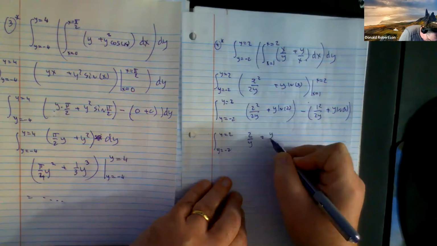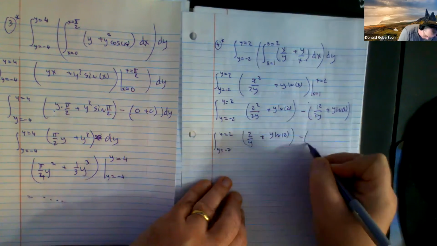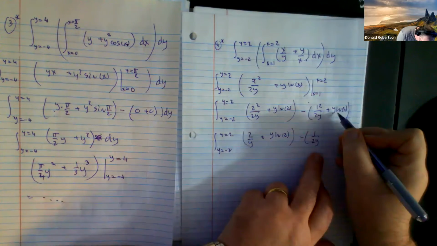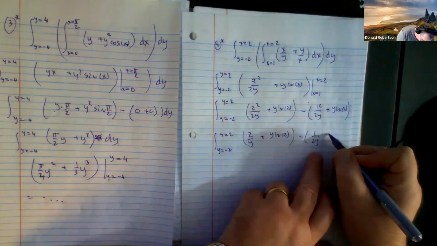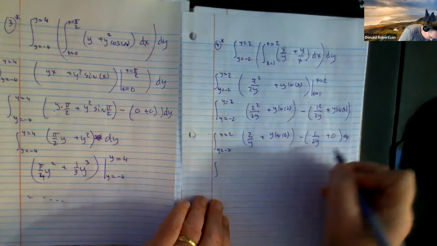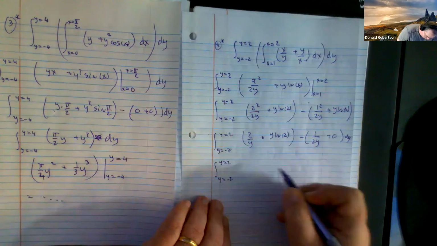Can't really do anything to that, so I'll leave it alone. 1 squared over 2y is just 1 over 2y. The log of 1 is 0, so you actually get that. So, oops, dy. So I'm looking at y equals -2 to y equals 2.